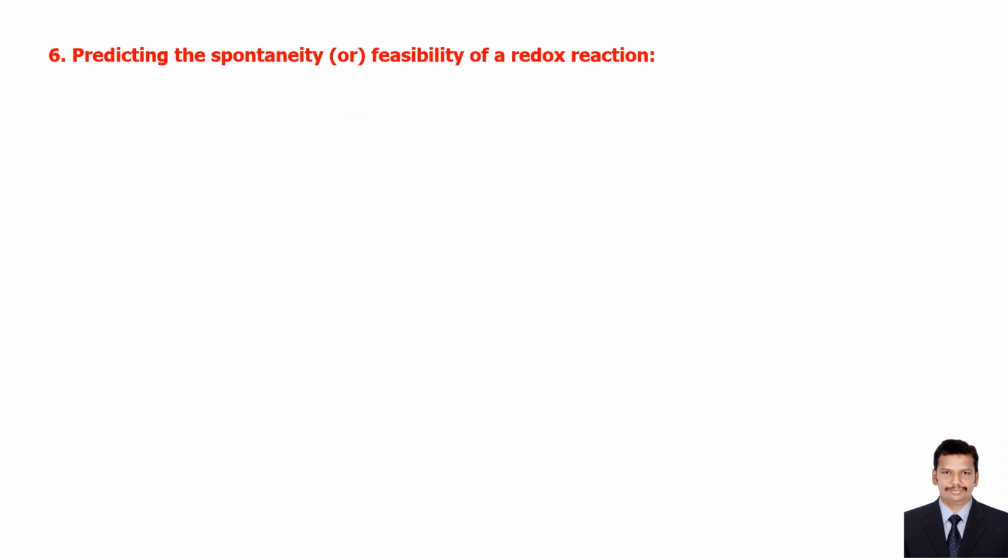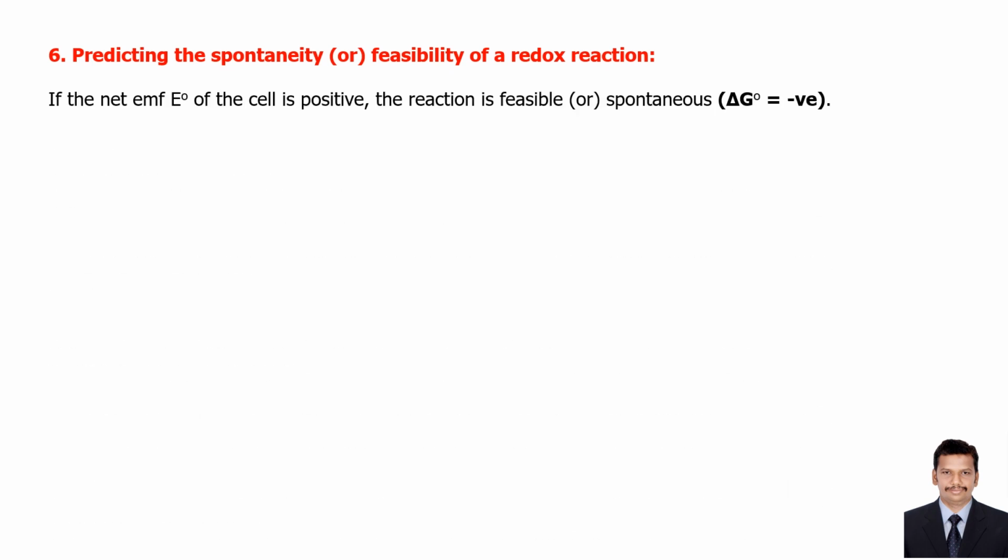Then, predicting the spontaneity or feasibility of a redox reaction. The spontaneity of a redox reaction can be predicted from the EMF value of the complete cell reaction. A positive value of E of a cell reaction indicates that the reaction is spontaneous. If the value of E is negative, then the reaction is not feasible.